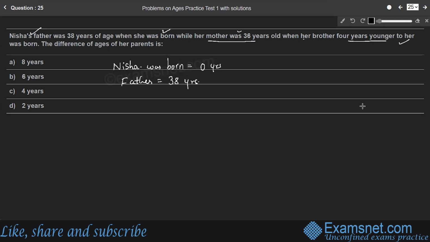4 years younger to her means we'll consider after 4 years. So her brother's age becomes 0 years, because he is 4 years younger to her.